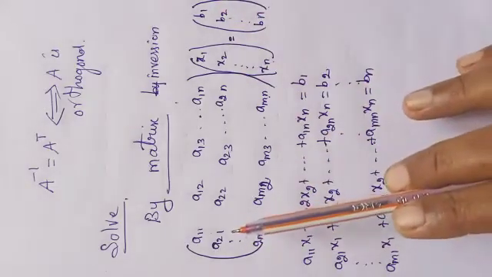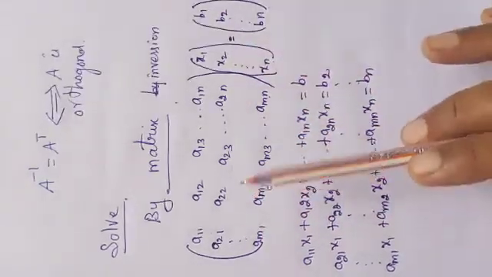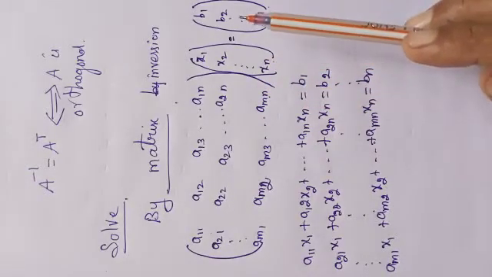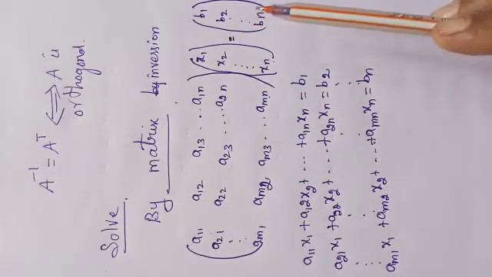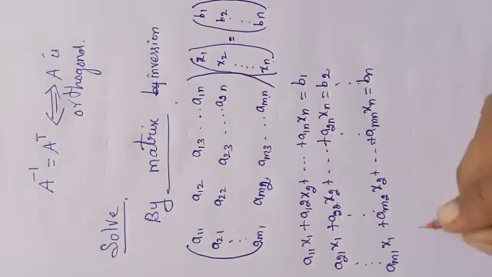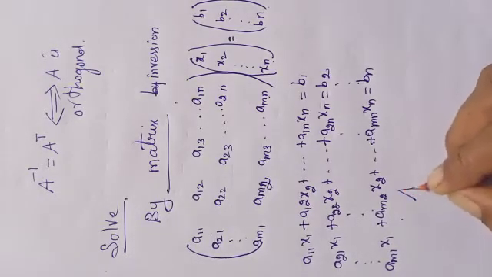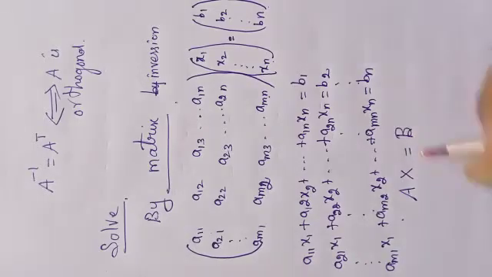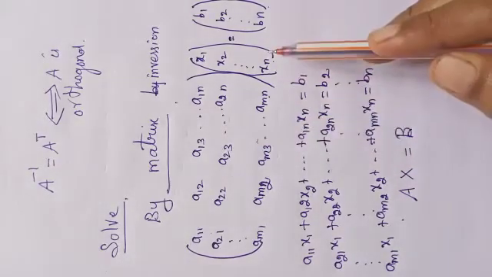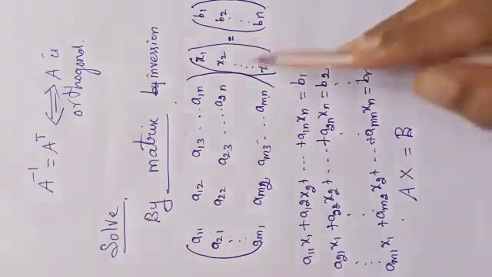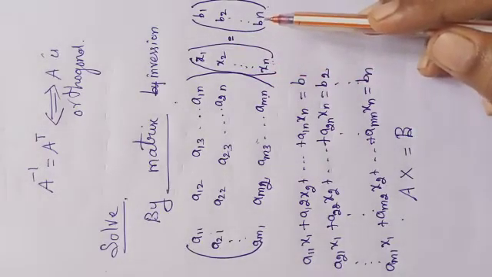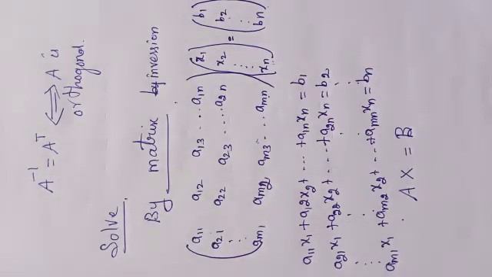The second row: a21 into x1, a22 into x2, etc., a2n into xn is equal to b2. Right? So this I can take as capital A into x equal to b, where A is this matrix, x is the variables, and b is the constant values.